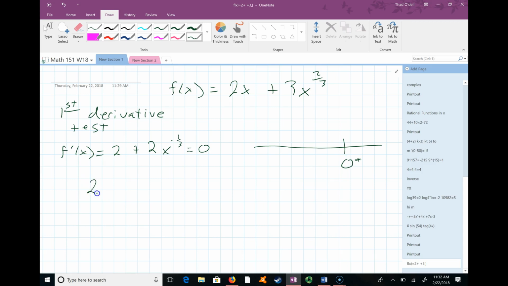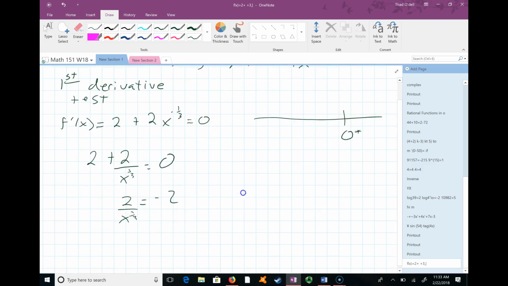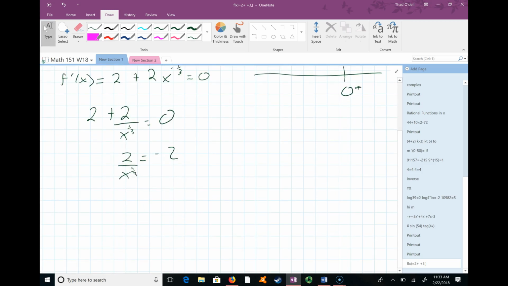We also want to know where the derivative is equal to 0. If I multiply by x and divide by -2, I end up with -1 is equal to x to the 1/3.